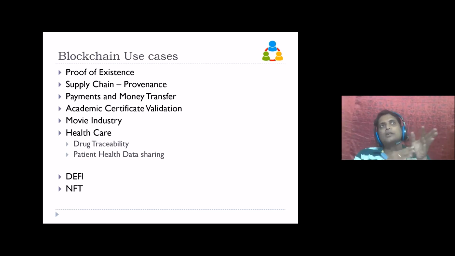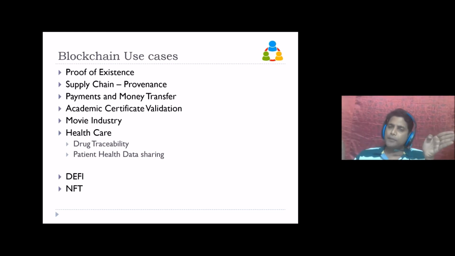I had showed you the vaccination transit in the first class, right? Wherein the vaccine is manufactured in Sydney and then brought to Mumbai, right? So the person sitting in Mumbai will be able to track and find out the path by which the vaccine had come all the way from Sydney to Mumbai. Okay.